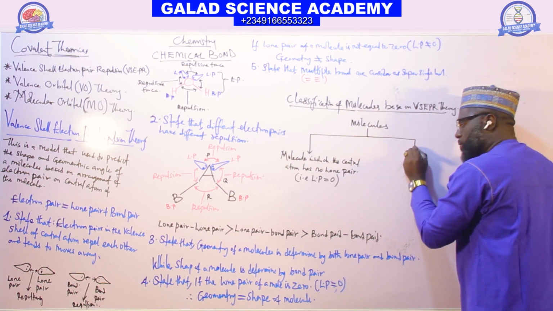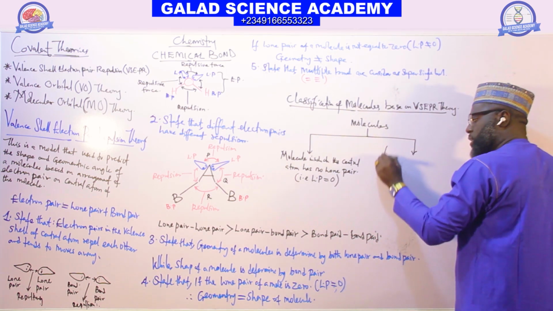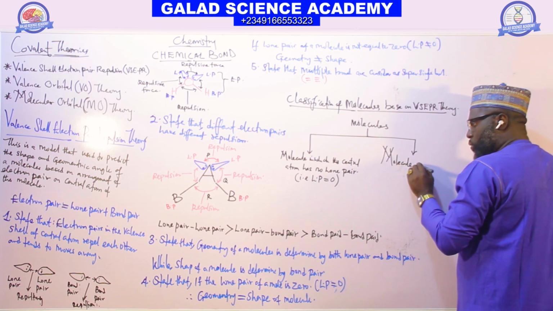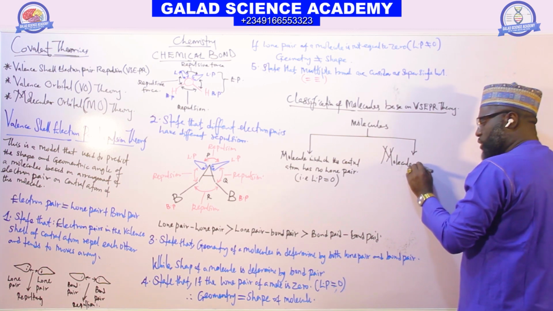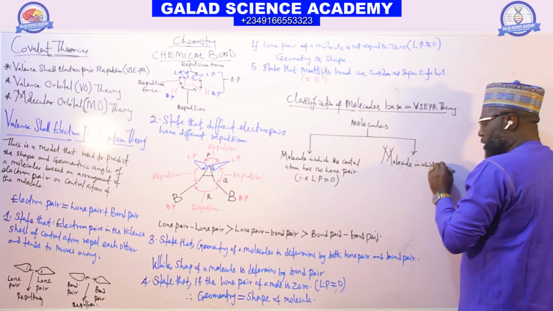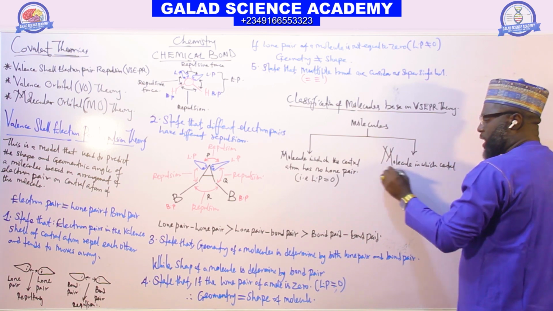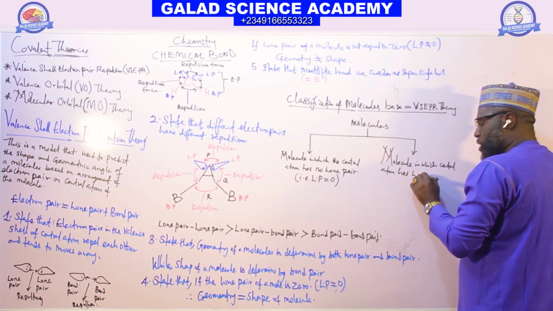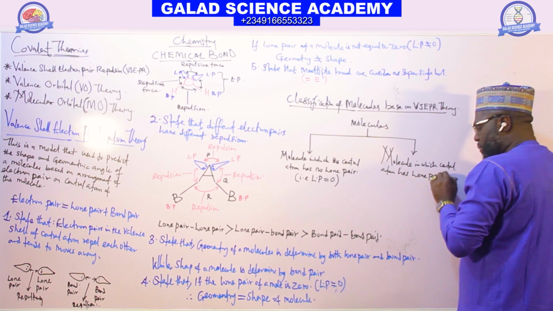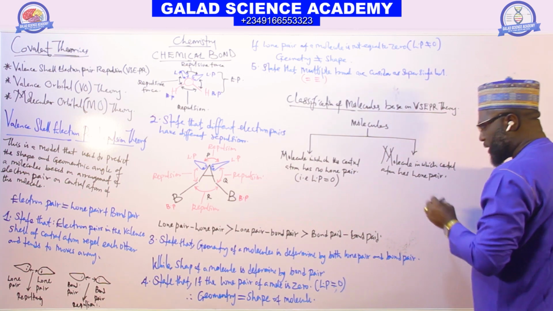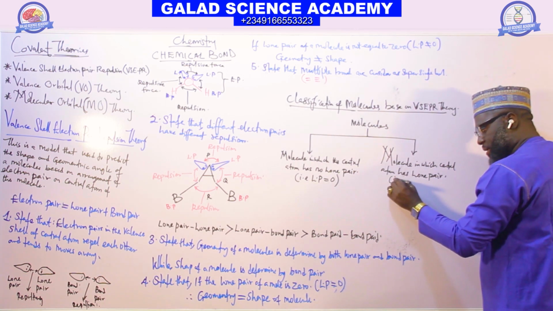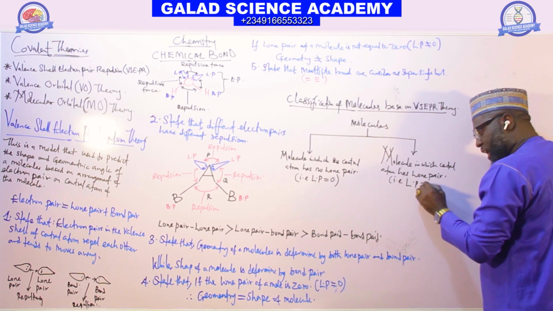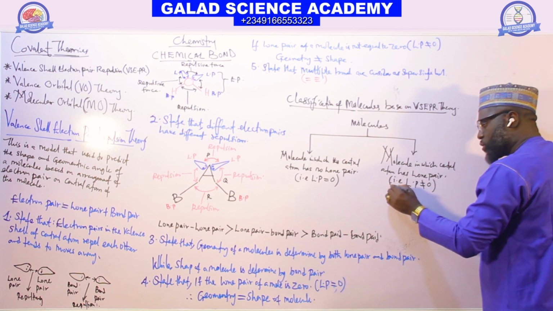And the second one is a molecule with a central atom that has lone pair of electrons. So here the lone pair of the central atom is not equal to zero.